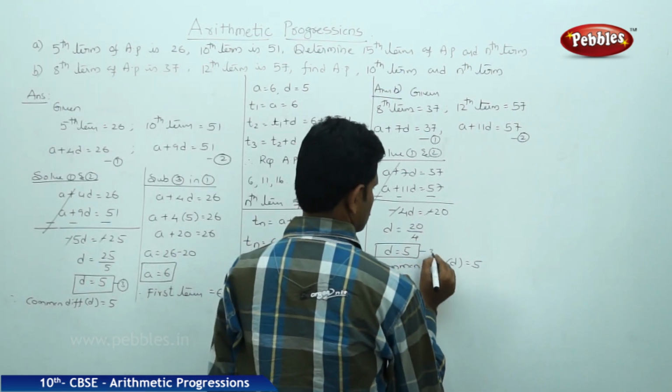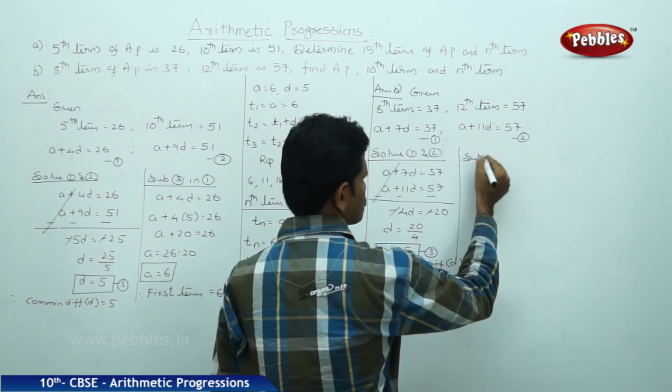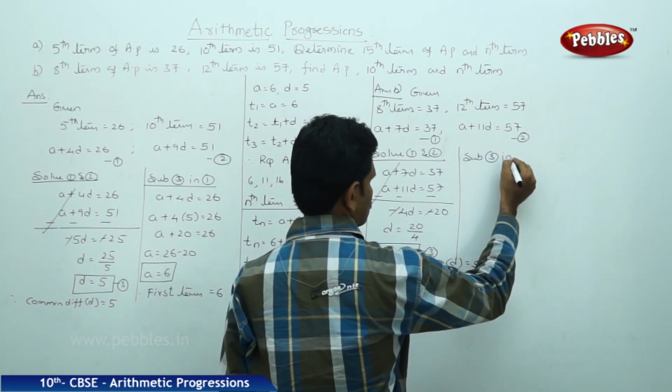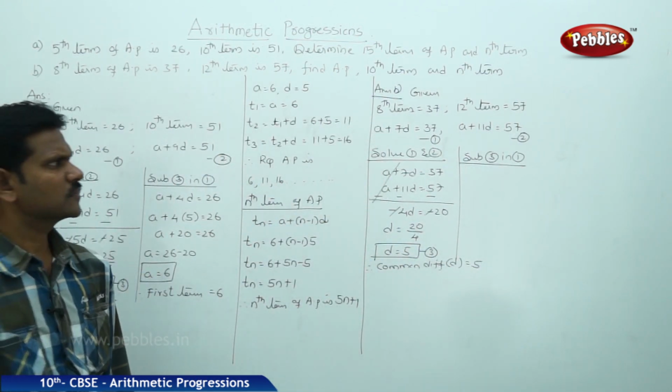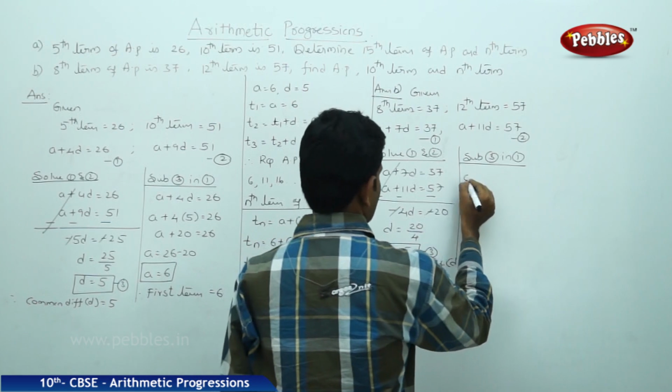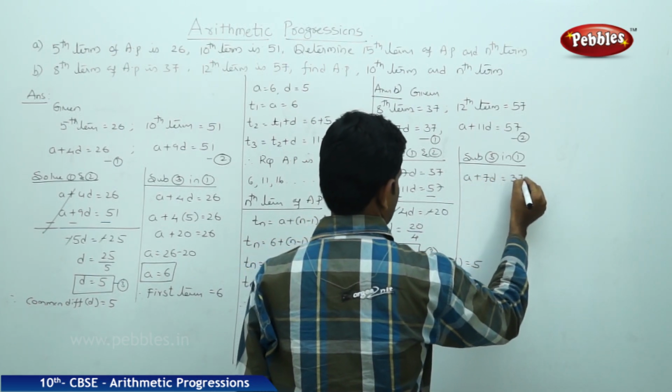Now this is equation 3. Let us substitute equation 3 in 1. That is a plus 7d is equal to 37.